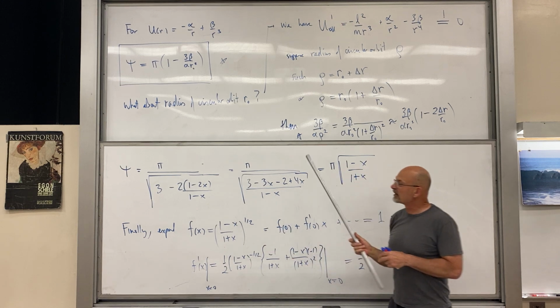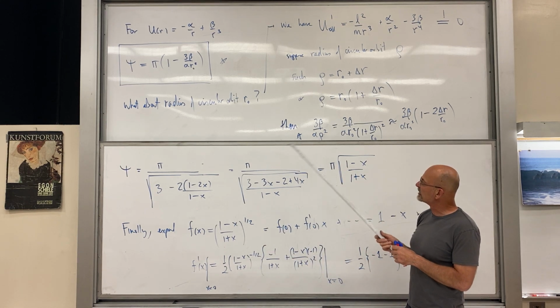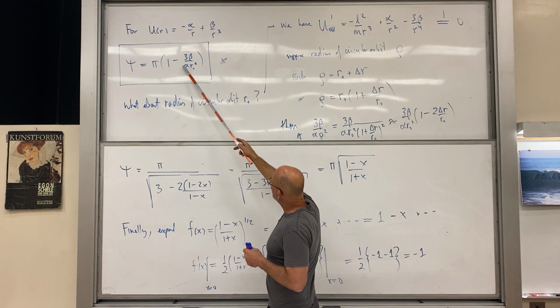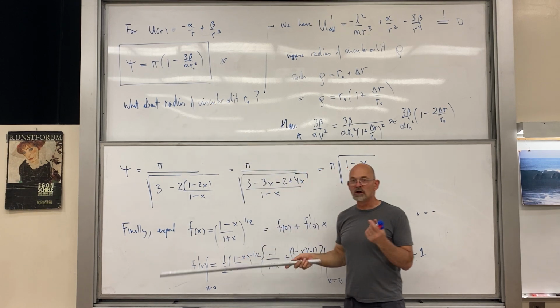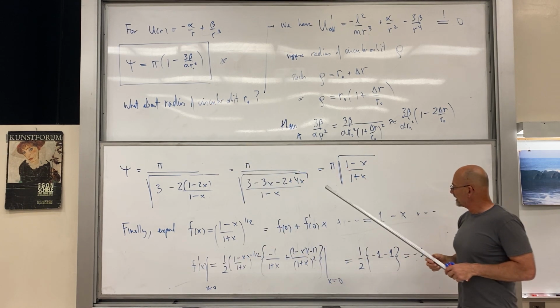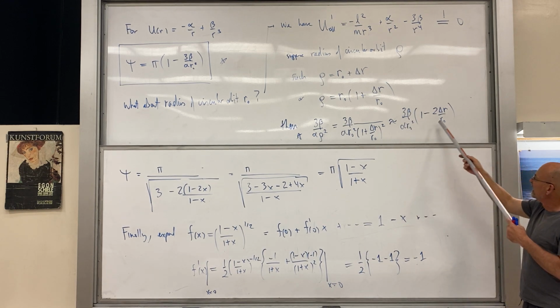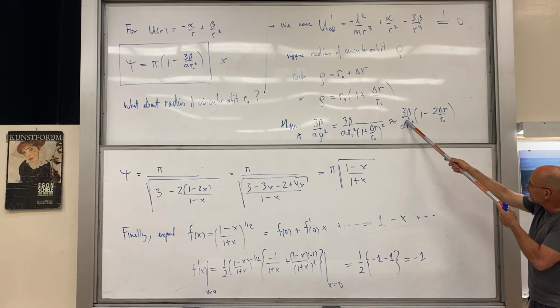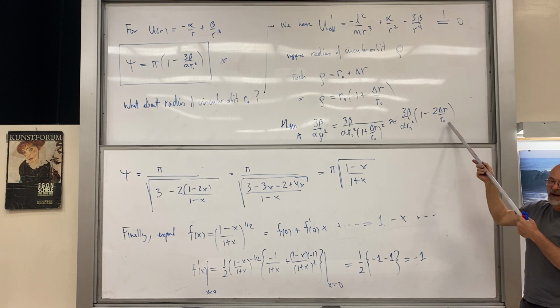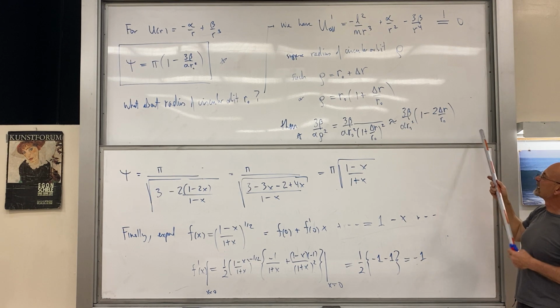And you can see we always have control over our approximations. This 3 beta over alpha R naught squared has to be small, much less than 1. If it's much less than 1, then the product of this number plus the delta R over R naught is going to be much, much less.